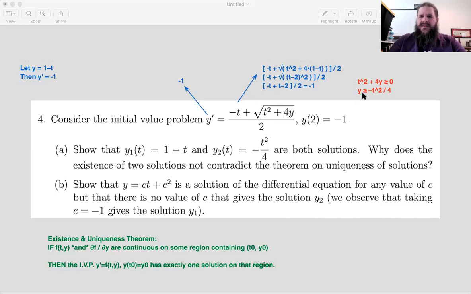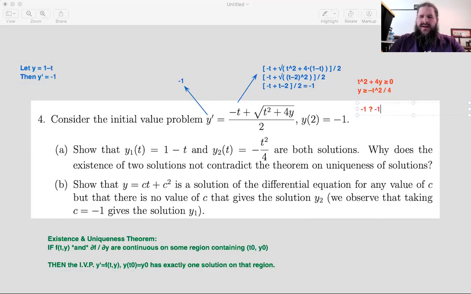And does this point make that inequality true, if we actually plug in 2 for t and -1 for y? What's -2 squared over 4? It'll be -1. Yeah.